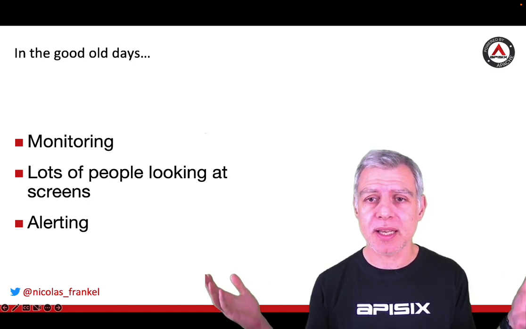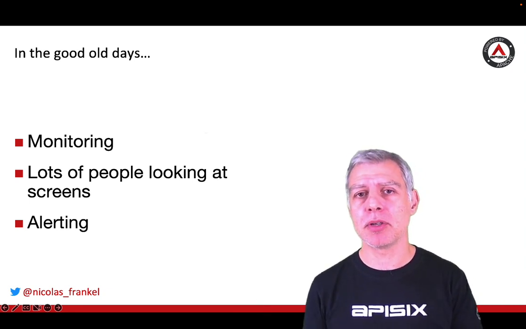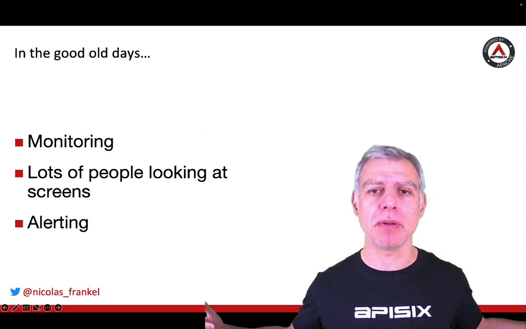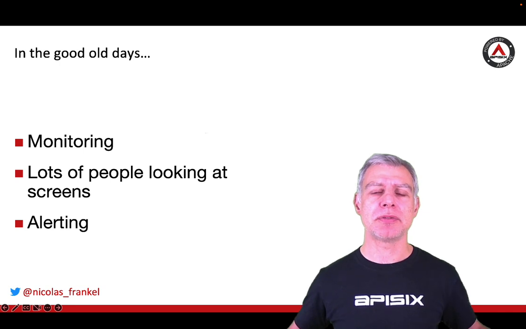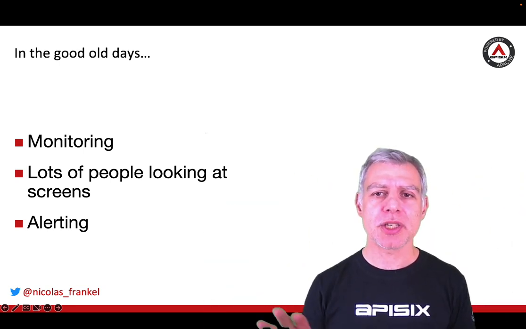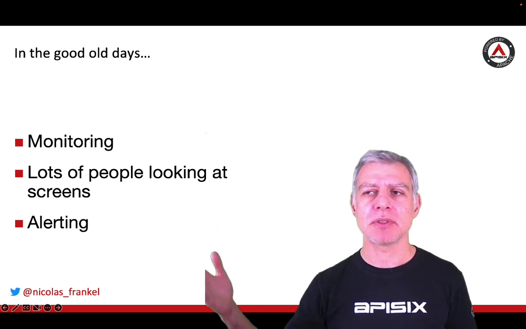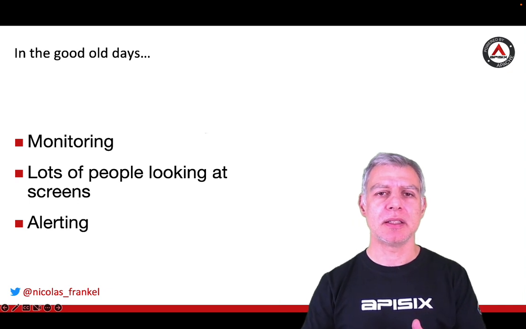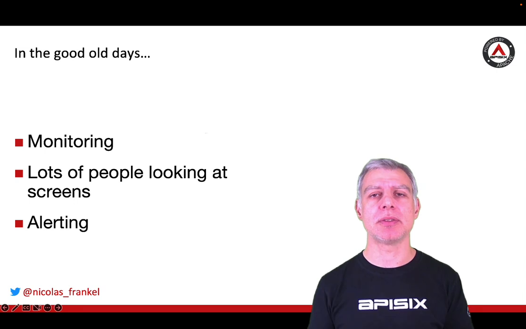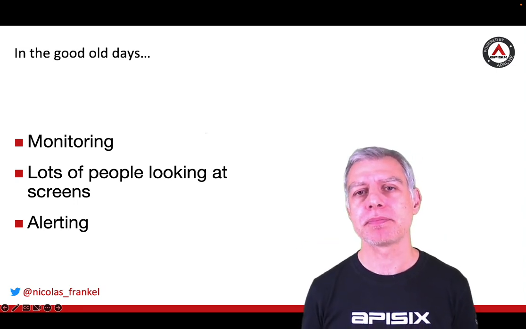So in the good old days, or not so good, we had monitoring. And monitoring meant that you had a bunch of people sitting in front of a huge screen full of widgets, with dashboards, with graphs, with whatever. Sometimes they even had an additional screen in front of them, and they were visually monitoring the situation.